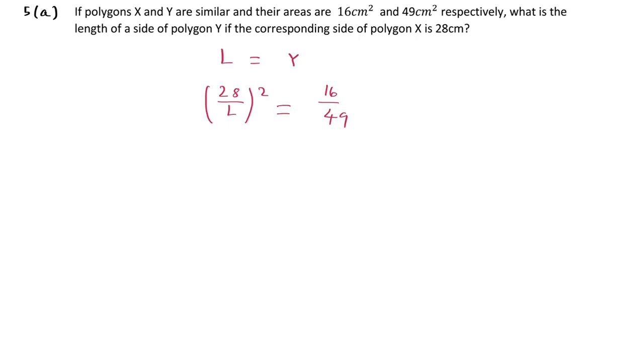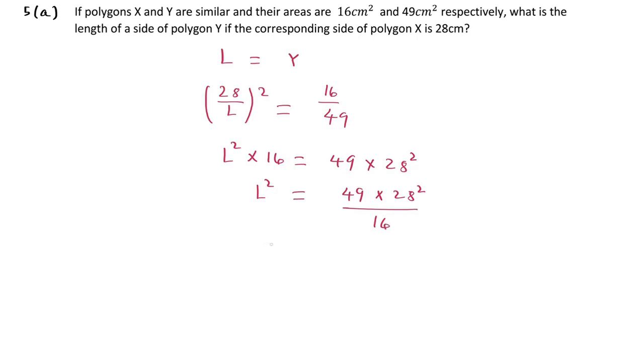We are going to have L squared times 16 equals 49 times 28 squared. Okay, so now let us divide by 16 both sides. Our equation is going to be L squared equals 49 times 28 squared over 16.